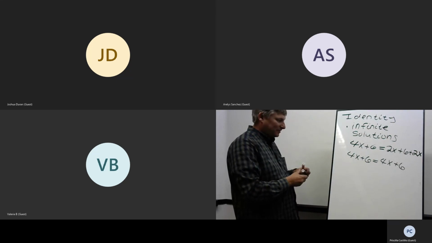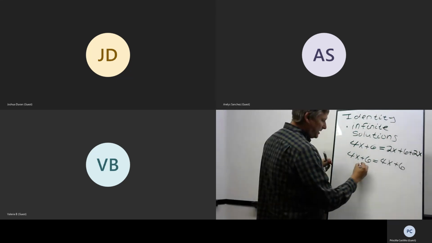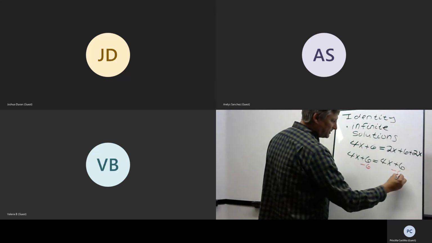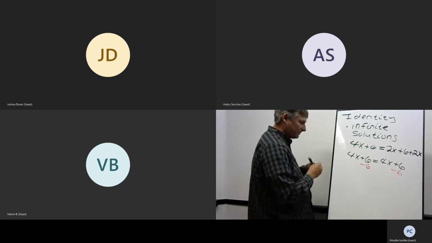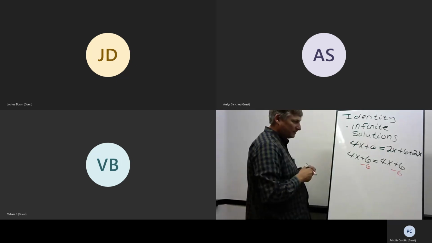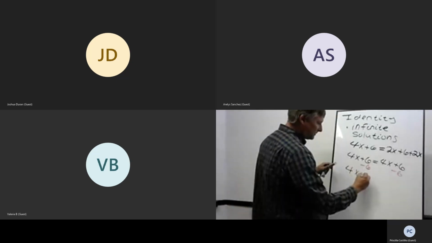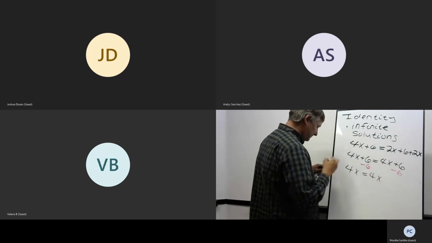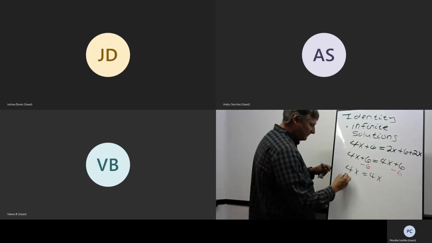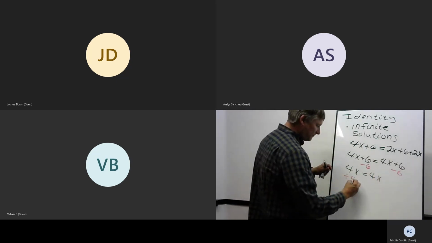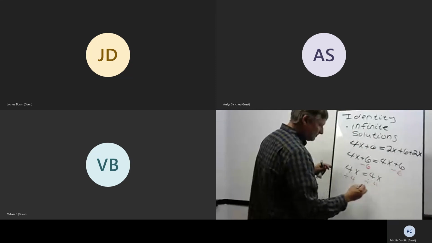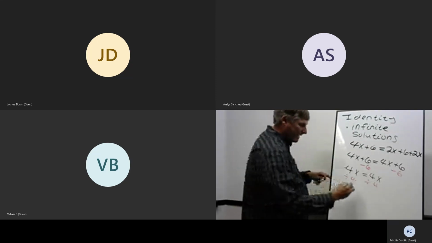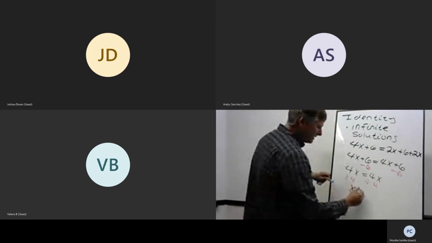What this is telling us is that this side is equal to itself. Subtract the 6's, you get 4x is 4x. Divide the 4's, and we'll get x is equal to x.